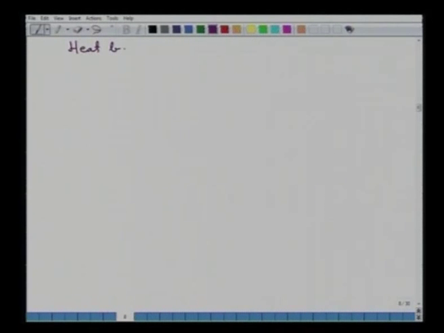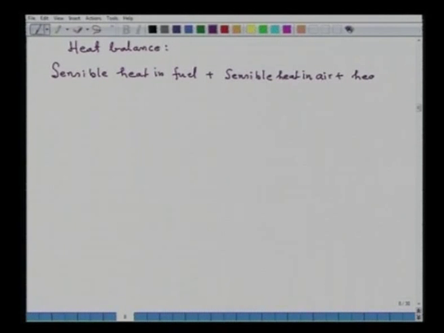The heat balance is equal to sensible heat in fuel plus sensible heat in air plus heat of combustion, that will be equal to heat in products of combustion.